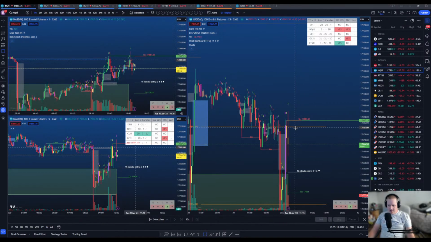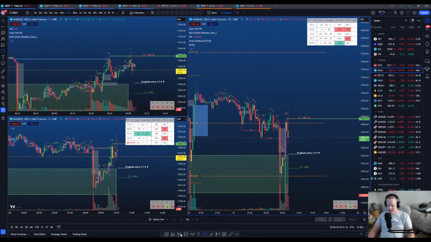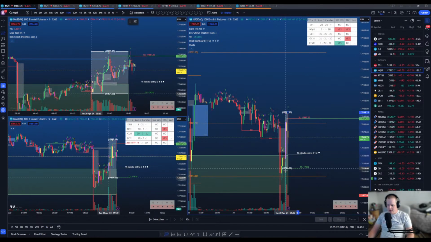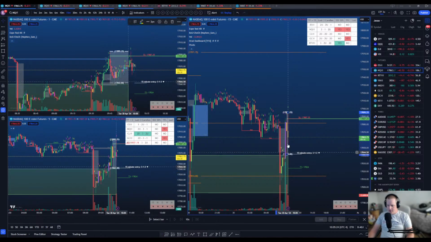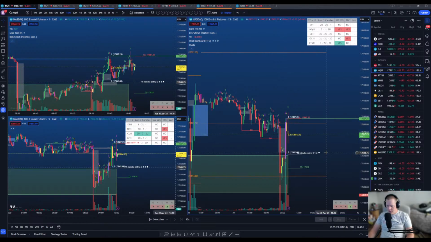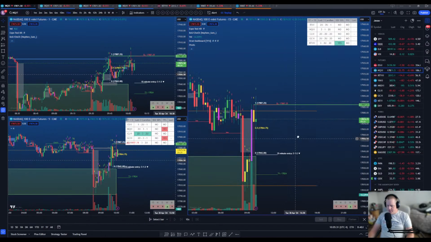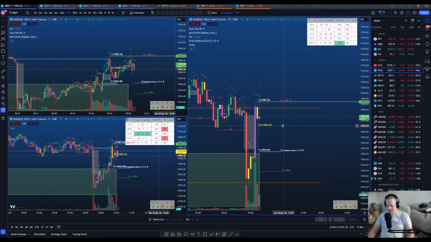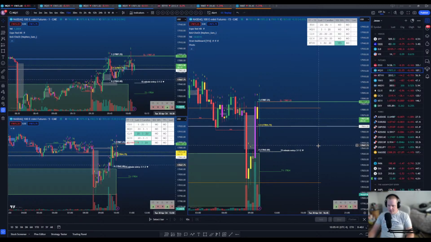So right now we're not in force. Right now we're actually, Mr. Unemployed was talking about the 50% retrace. So pretty much if we're under this 17,864.75, so call it 17,865, then we're looking for the outside bar on this 15-minute candle.